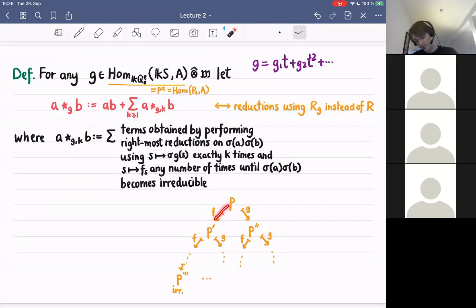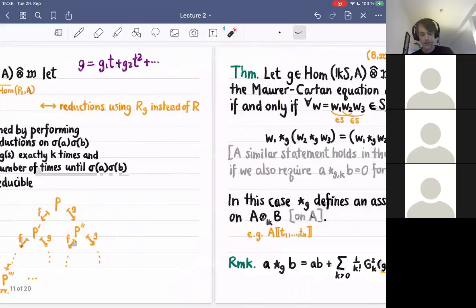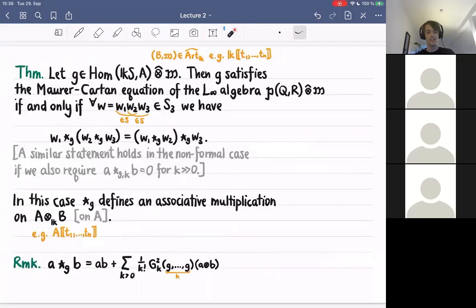But if you stay on the left and always use F, then this process will stop, because the old reduction system was reduction finite and reduction unique. Then you can use G once and then just keep using Fs, or you can use G maybe at the beginning many times. And this process will stop at each finite power of T. You only get finitely many terms. This will probably become clearer in the example, which is about to come up after this slide.